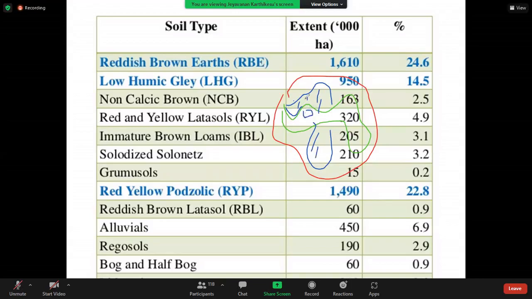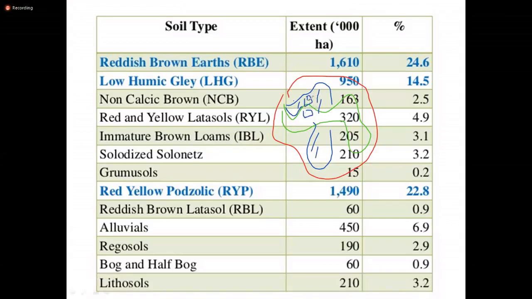Some people here and some people there can feel the same soil type because of the spread of the soil series. It shows how it is distributed, up to what extent a particular type of soil is distributed. Now you understand, right?